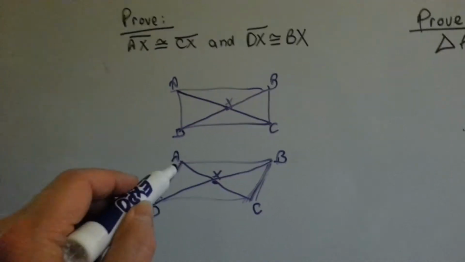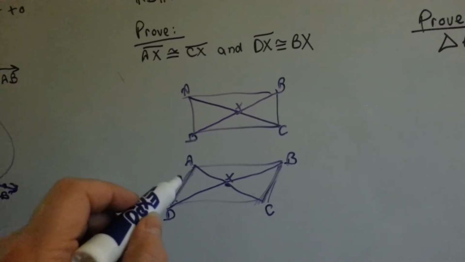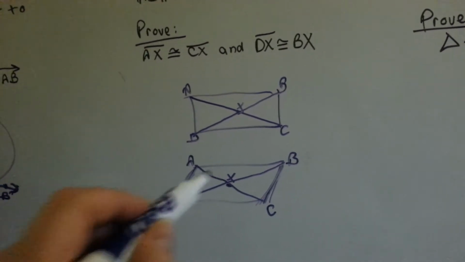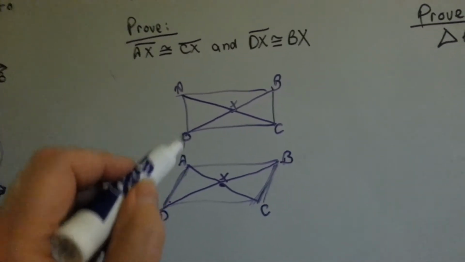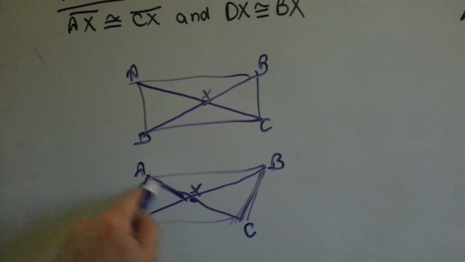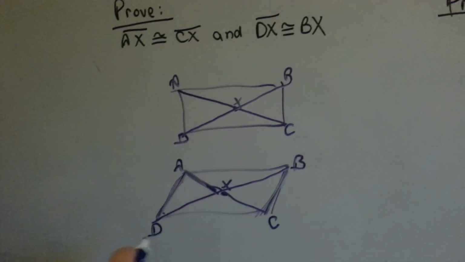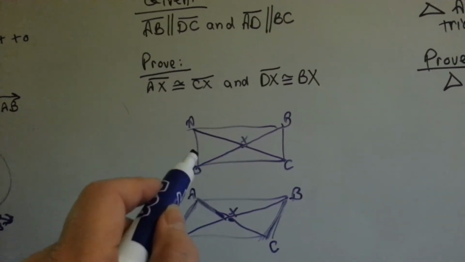Now, if it was a parallelogram and it said that AX is congruent to DX, then you know it's a rectangle. Because on a parallelogram, AX is way shorter than DX. But it doesn't say AX and DX.